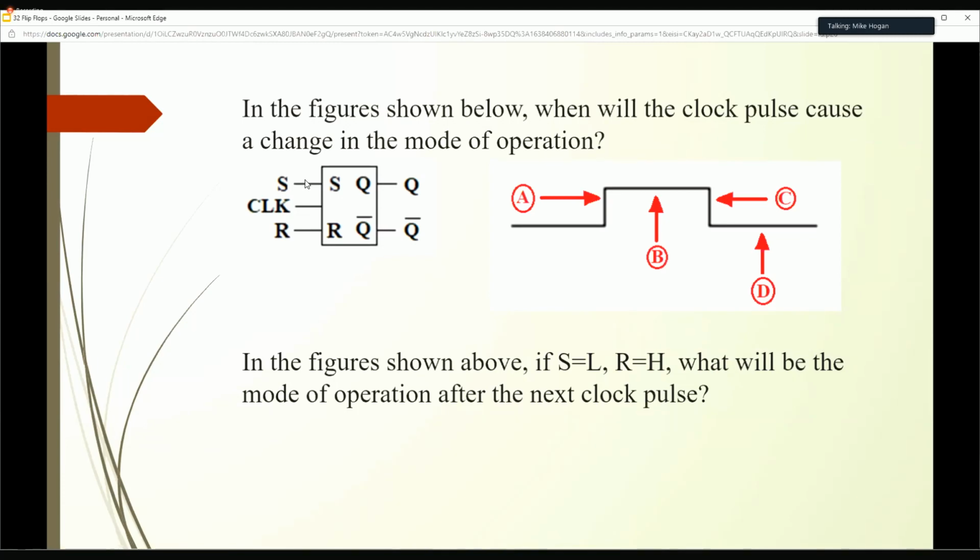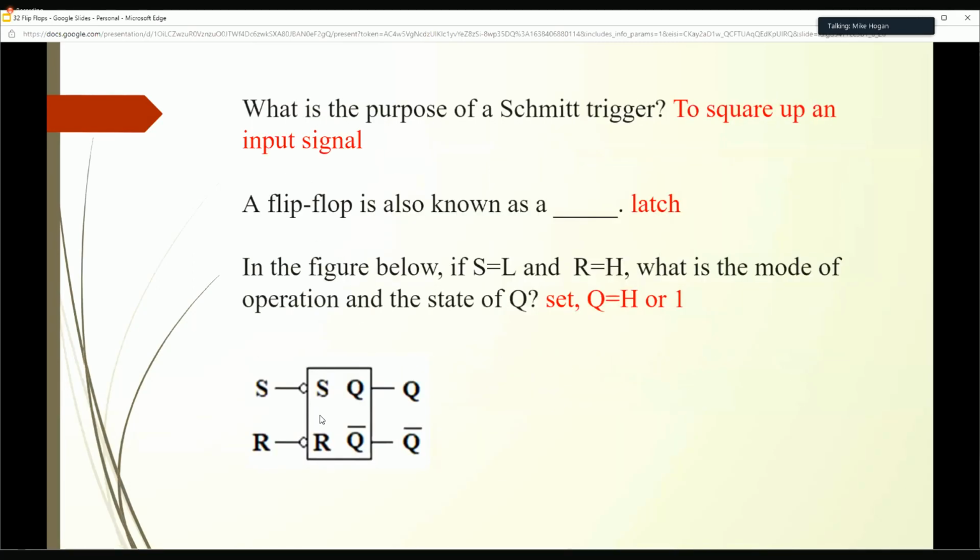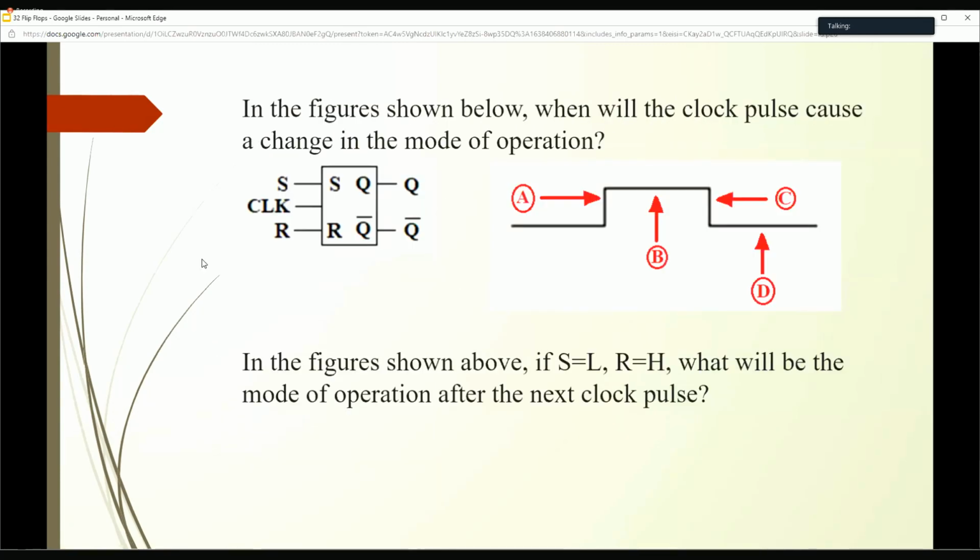That means I'm looking for a 1 to activate S or a 1 to activate R, versus here, I was looking for a 0 because it's active low. So we've got this RS flip-flop, and we're looking to see when will the clock pulse. And here's my signal. This is what is being fed into this flip-flop.